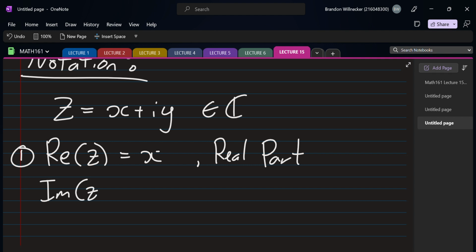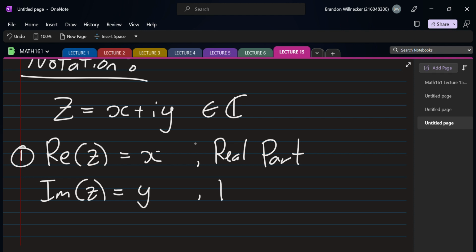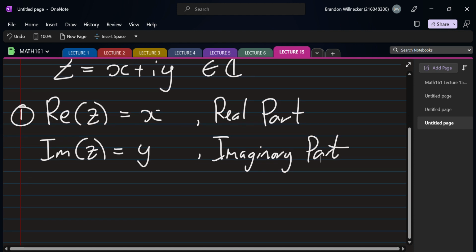And then similarly, we have Im of z is y, and that is for the imaginary part. So if you want to refer to the real part of z, we write Re z, and that gives us x, which in this case was the real part. If you want to talk about the imaginary part, it's Im of z, and in this case it's equal to y, which is the imaginary part.